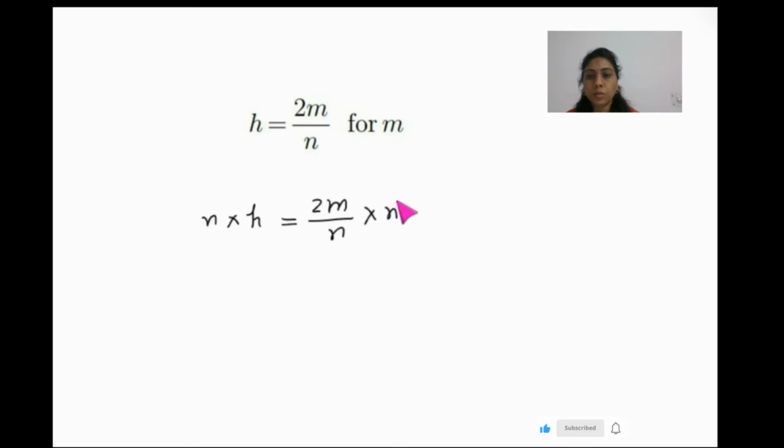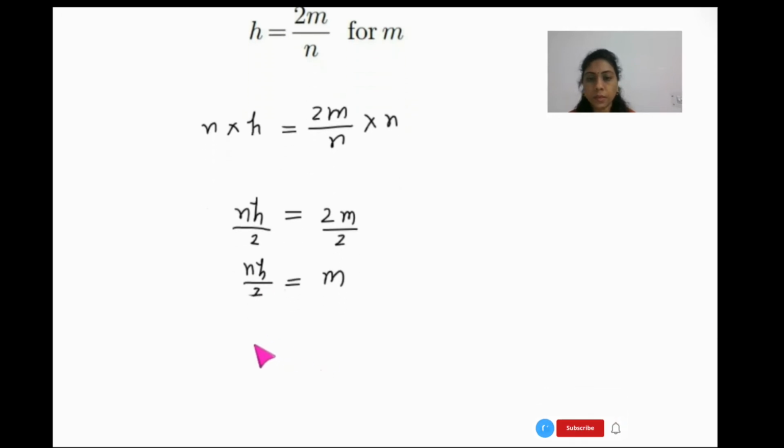Now this cancels, and here we have just 2m, and on the other side we can write nh, because in algebra we don't write the multiplication sign. Now we have to remove the 2, so divide both sides by 2. So m = nh upon 2, and our final answer is m = nh upon 2. You can skip this step and write directly this one.